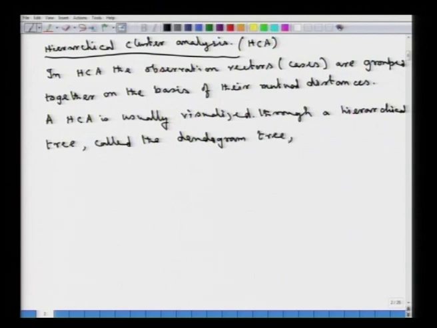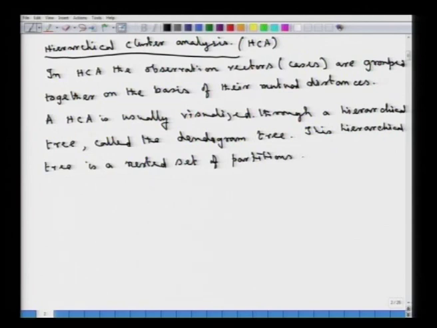This dendrogram, or hierarchical tree, is a nested set of partitions of the data, which are represented by a tree diagram.